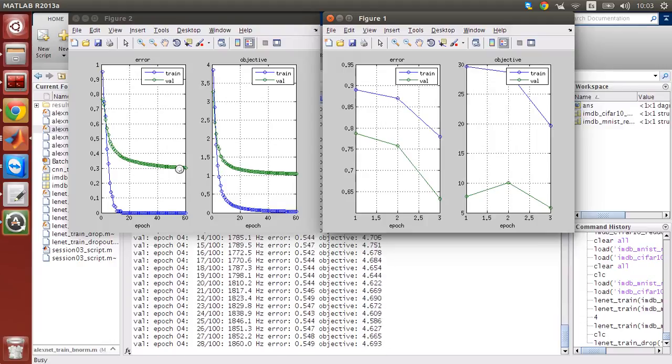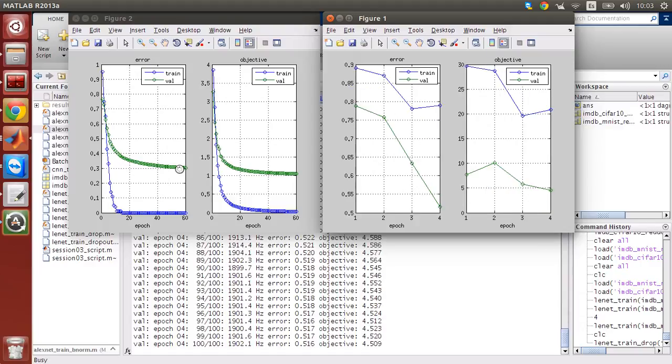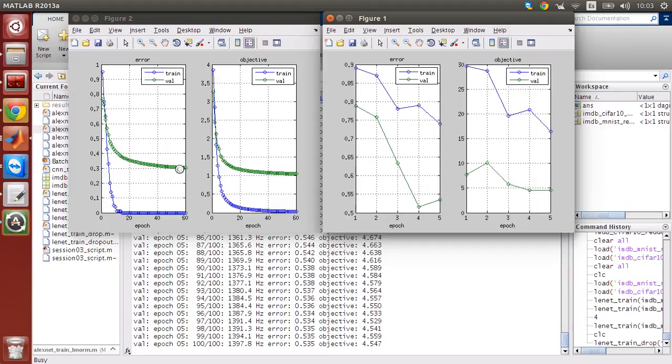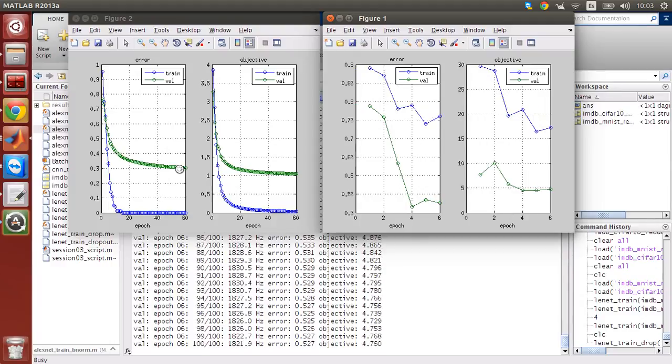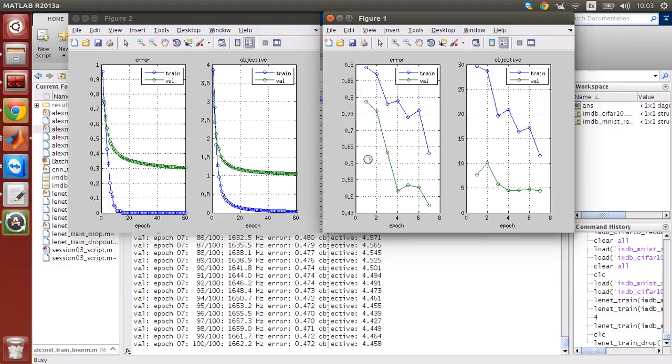You see that now things are not behaving as well. This is one of the effects of dropout, since we are randomly destroying parts of the connections. So the objective loss and the classification error, 70% of error for validation in just 10 epochs.